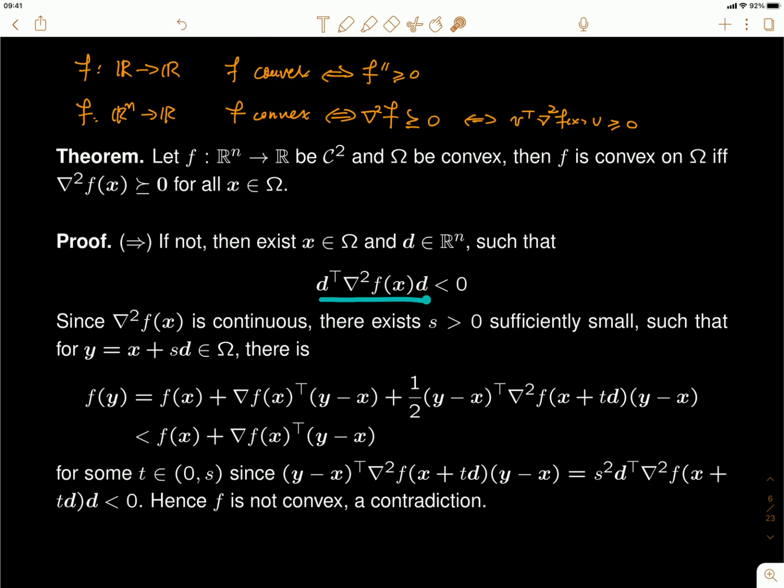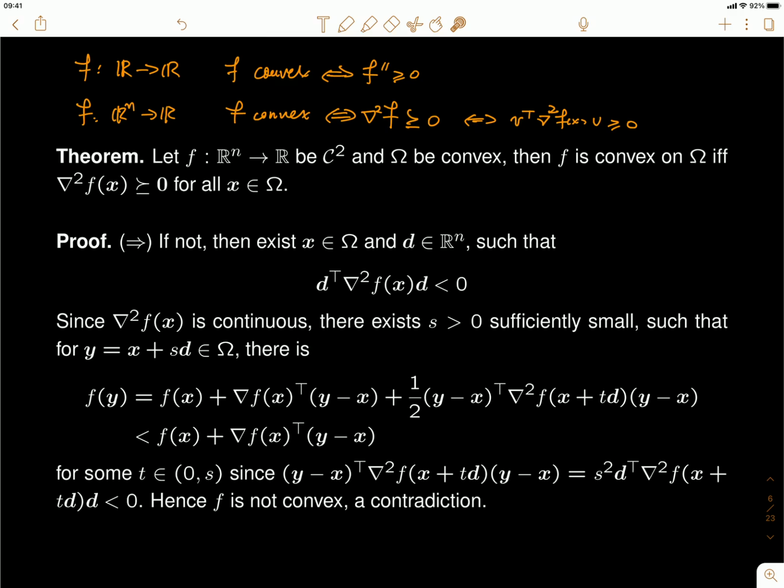And that means when you move around a little around x, this value is still negative. Since this whole thing can be treated as a function from x to a real number, if you shift x a little bit, it's still a negative value. So in the neighborhood of x, we can guarantee this is negative.